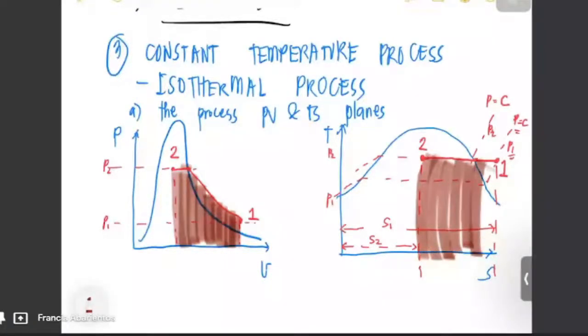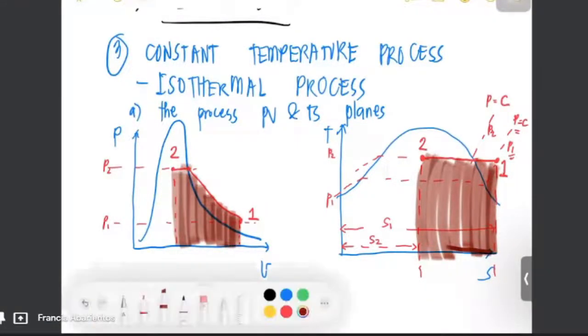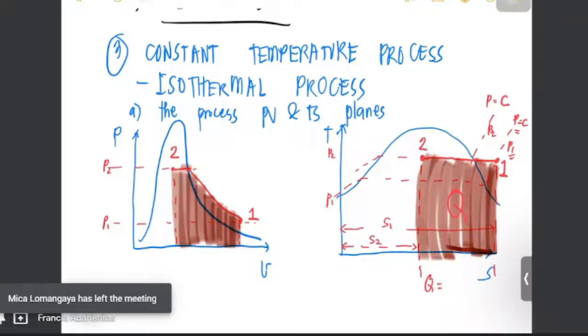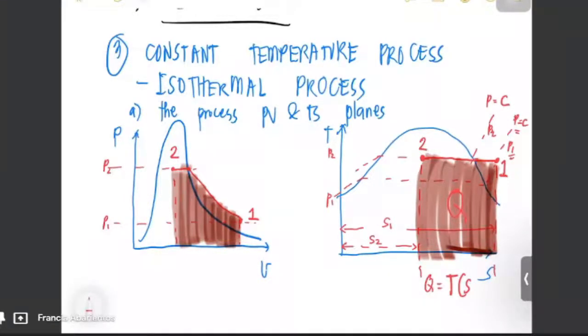And this is now your Q. So, that's it, class, from the table, at a constant temperature. The change in specific entropy is equal to S2 minus S1.